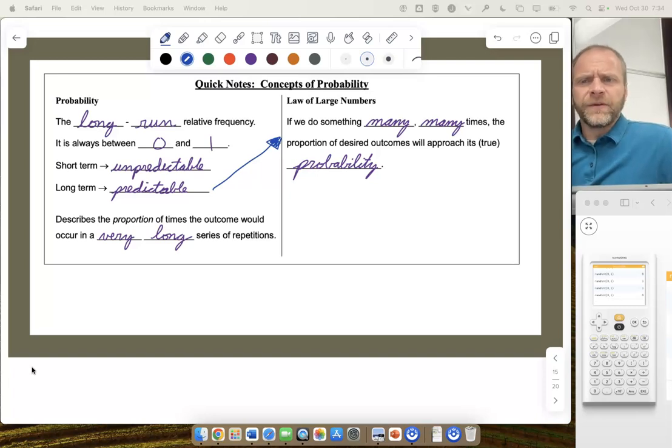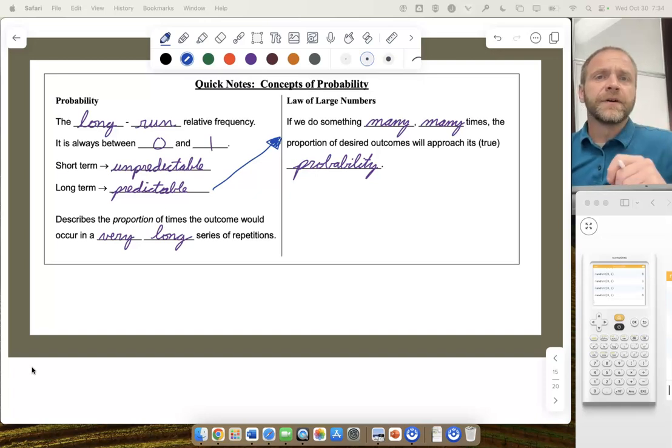So probability describes the proportion. That's important. It describes the proportion. And you may think, oh, not a big deal, but I have that italicized. It does not describe the number of times. It describes the proportion of times the outcome would occur in a very long series of repetitions. So an 80% free throw shooter means in the long run, we could expect her to make 80% of her free throws, a proportion.